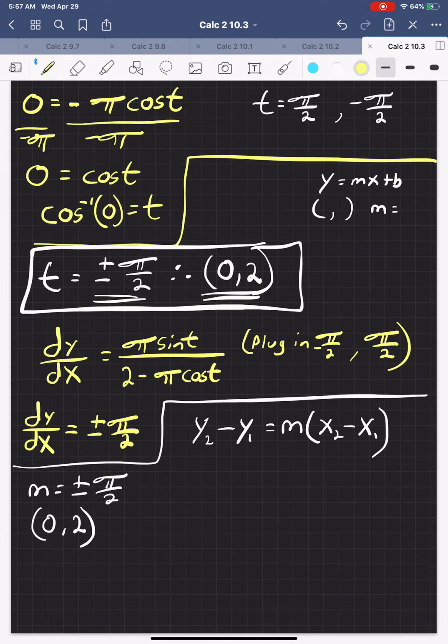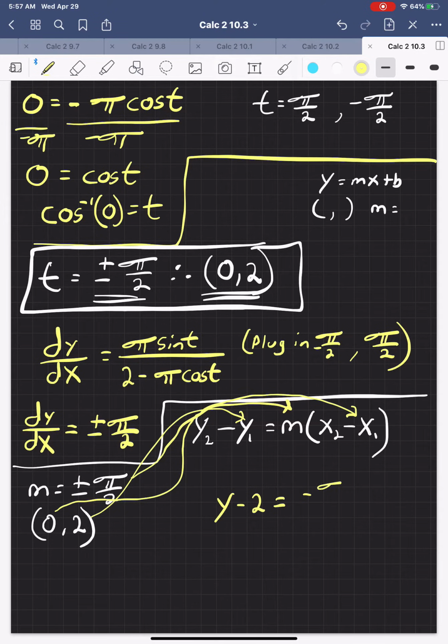Let's plug in the information we know: we're plugging in for m, for 0, and for 2. So we end up with y minus 2 is equal to negative pi over 2 x.